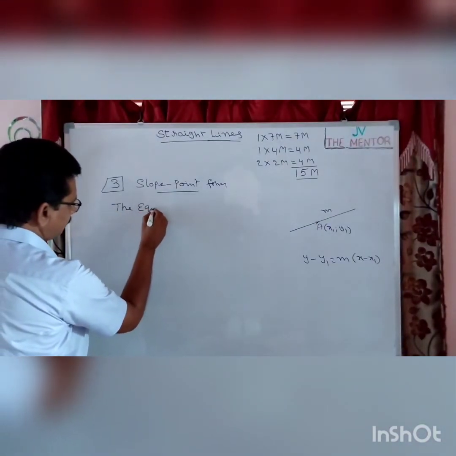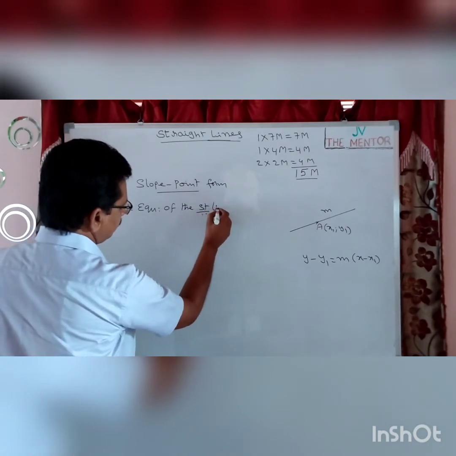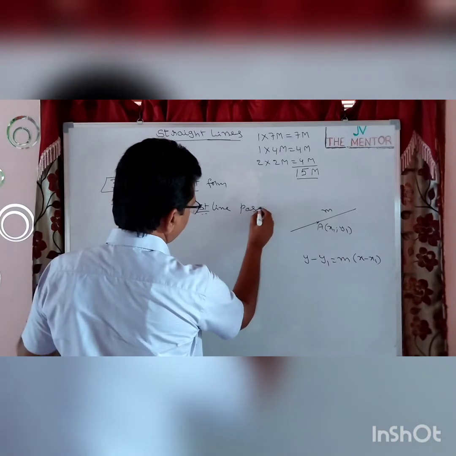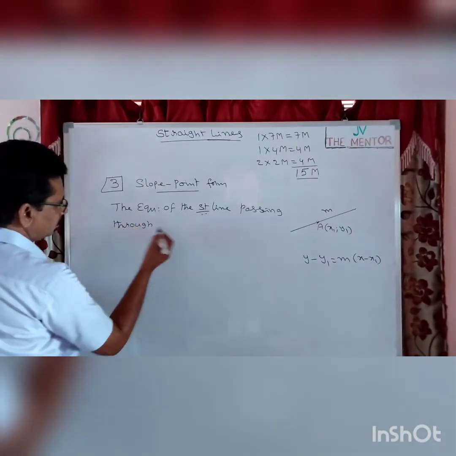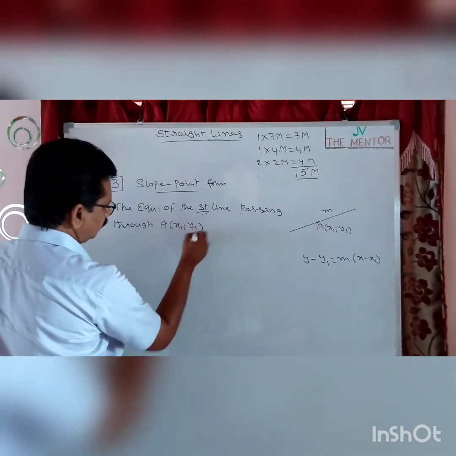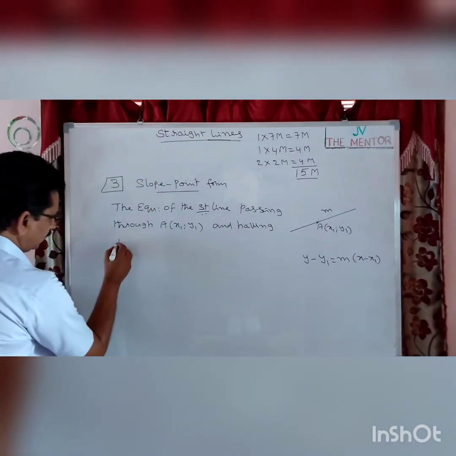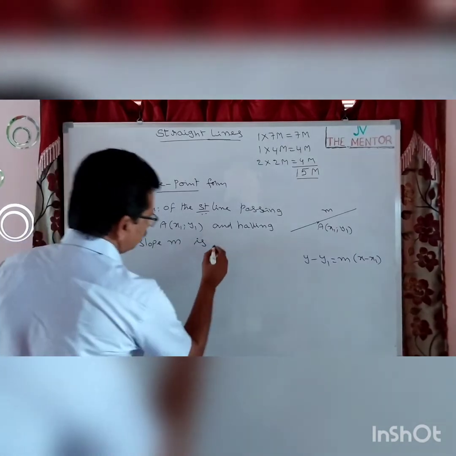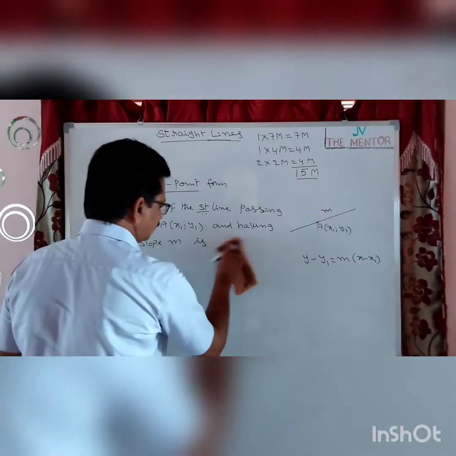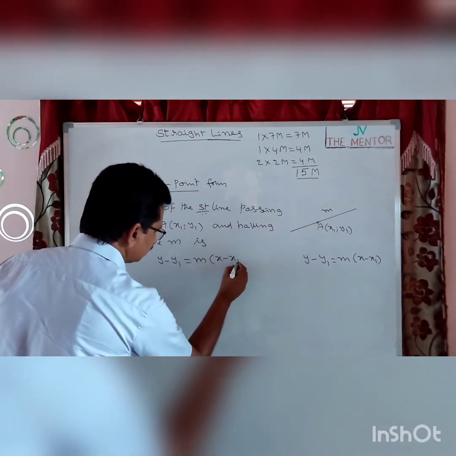Write down. The equation of the straight line passing through the point A(x1, y1) and having the slope m is y minus y1 equal to m into x minus x1.